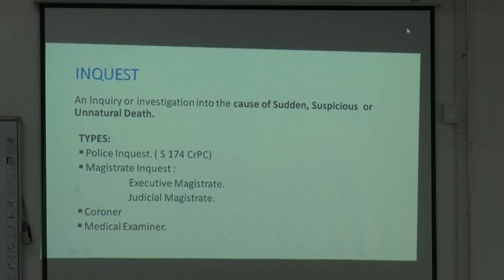Medical examiner. So Sudhir here is a doctor, a very established doctor with 10 years of experience in the medical, surgical field. Now, government chooses him to go and investigate the scene of crime. He investigates the scene of crime, not the body.